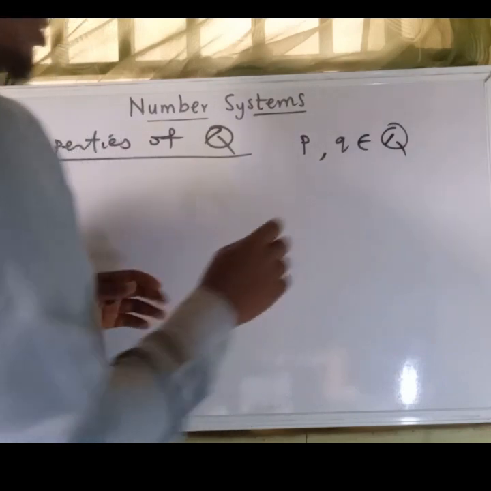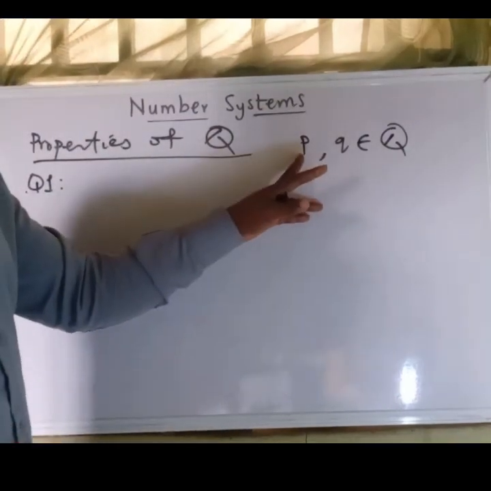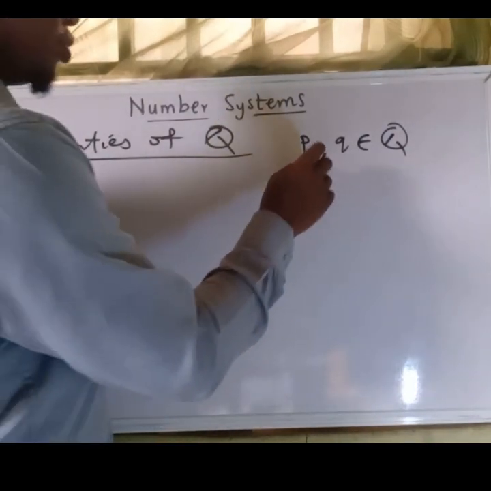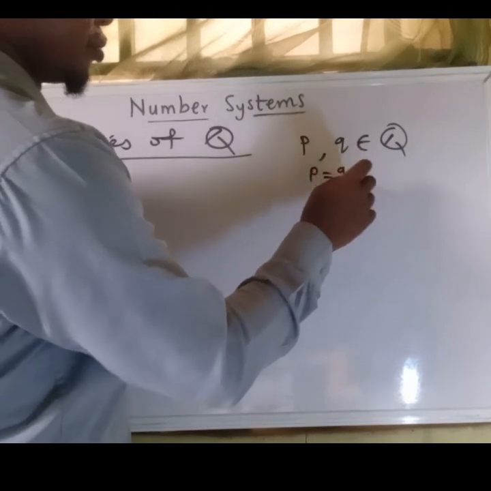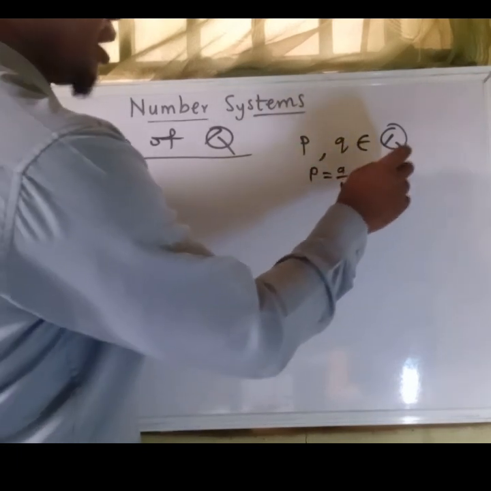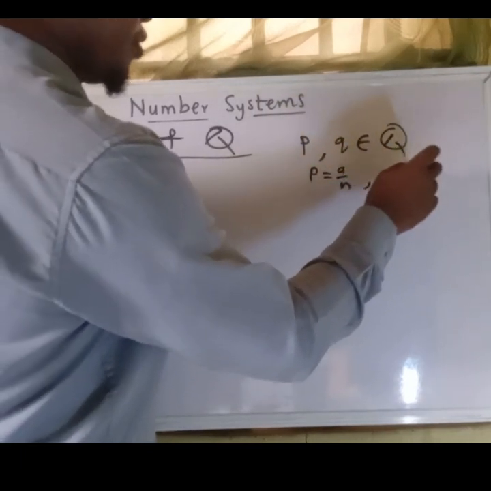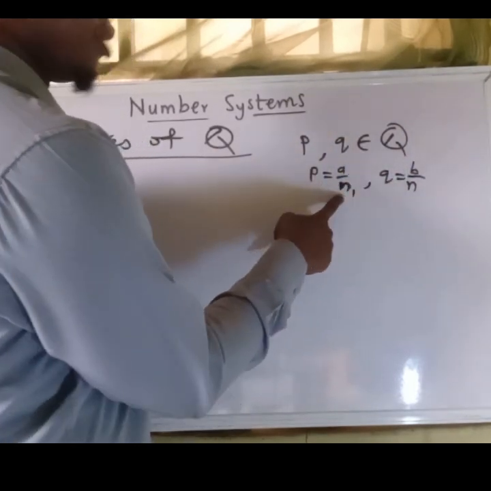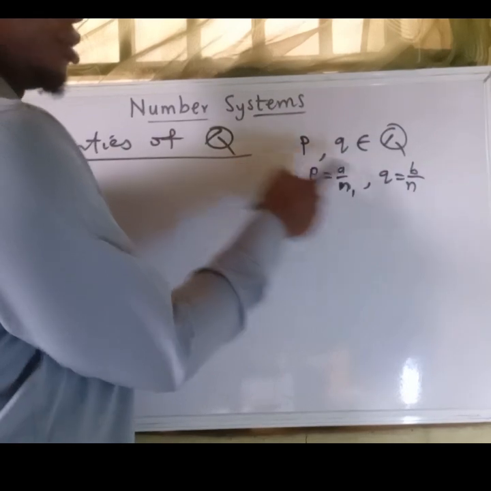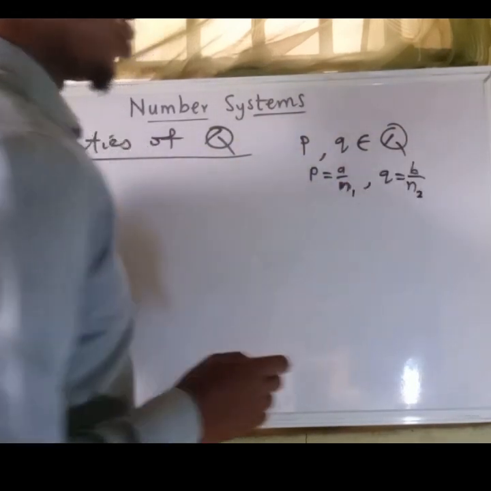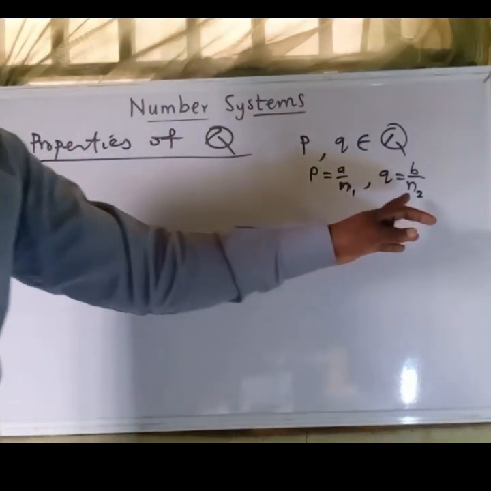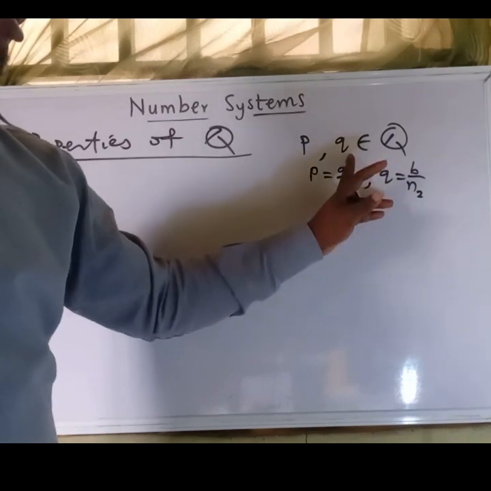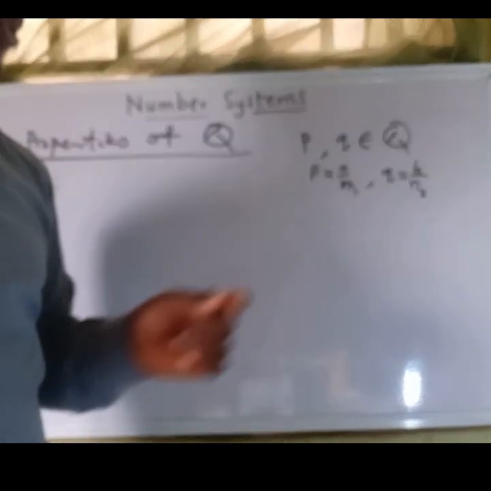So the number P has this form, and the number Q has this form. We'll call this N1 to show that this is a natural number from P, and we'll call this N2 to show that this is also a natural number from Q.